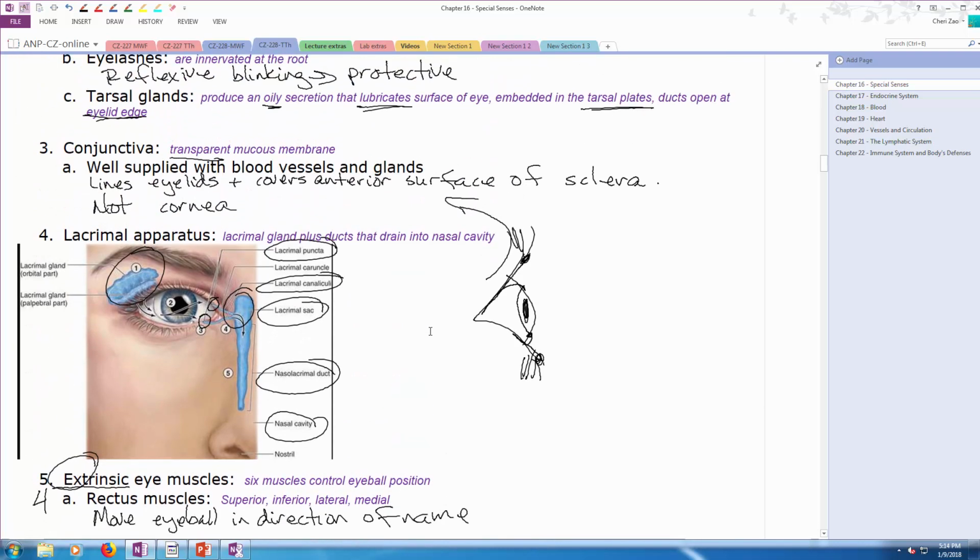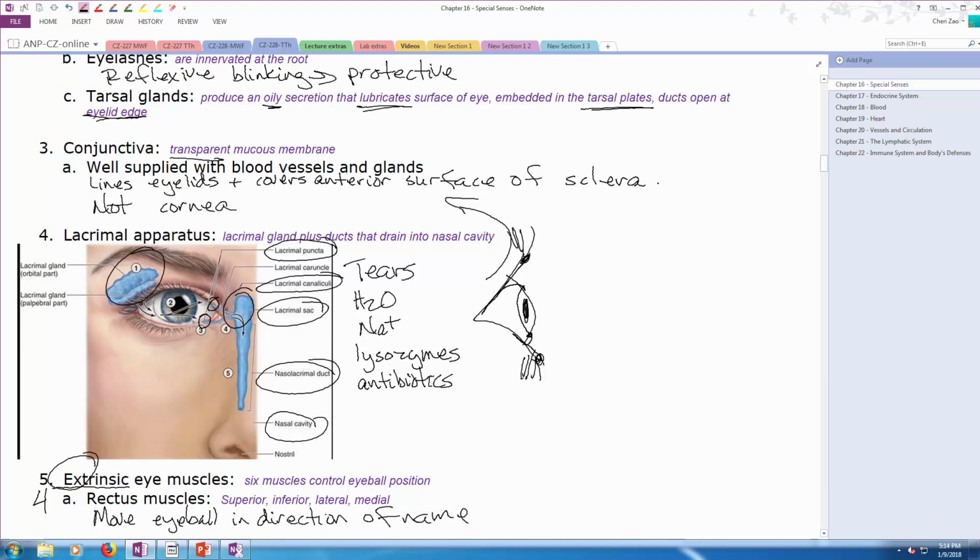One thing that I forgot to mention about the lacrimal apparatus, what does it produce? Tears. And what's the main component of tears? Water. Second main component, not surprising, is salt. We also have lysozymes, which are digestive enzymes, which help us destroy nasty things that get into our eye, and antibiotics.